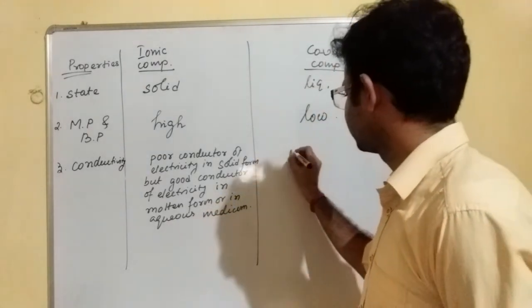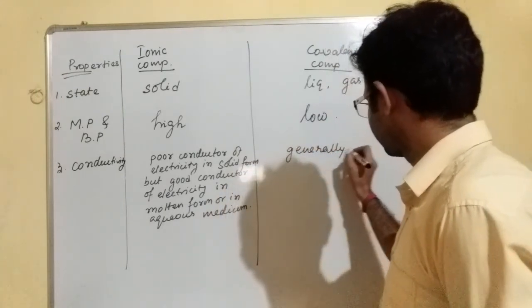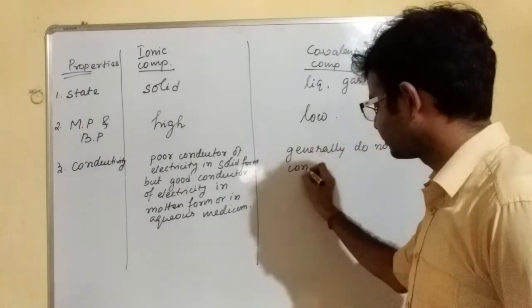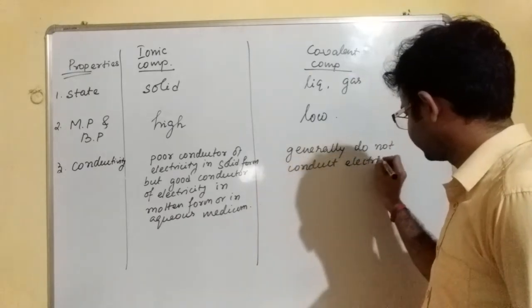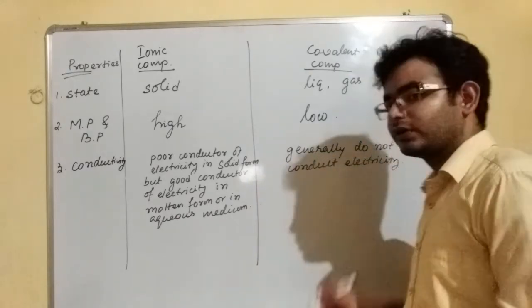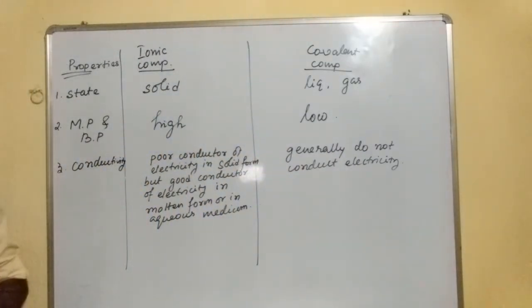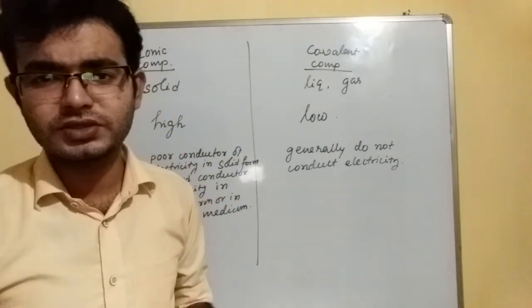So here, covalent compounds generally do not conduct electricity. They are not able to conduct electricity. So generally, covalent compounds cannot conduct electricity.